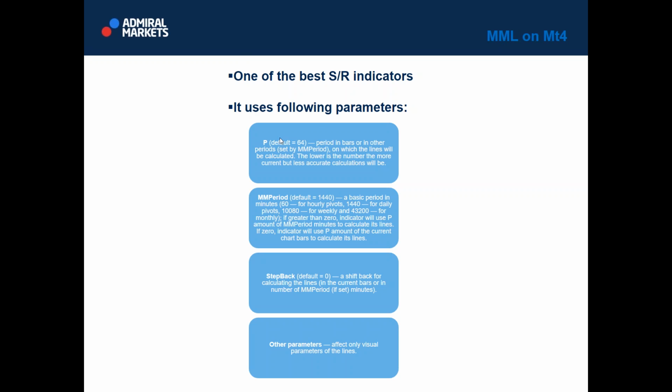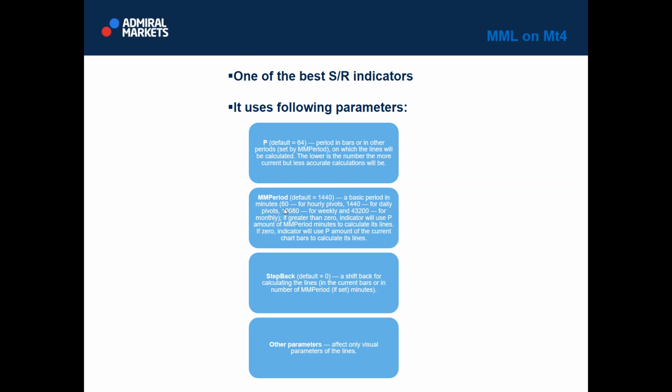Now, by default, we have these settings. The P setting is the period in bars on which the lines will be calculated. By default, it's 64. The period you can, of course, set yourself. The default is 1440, that stands for daily pivots.